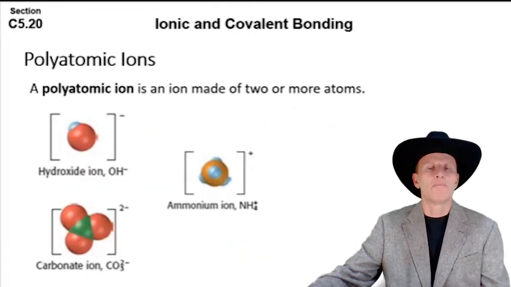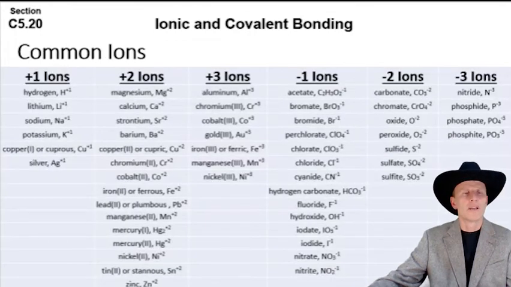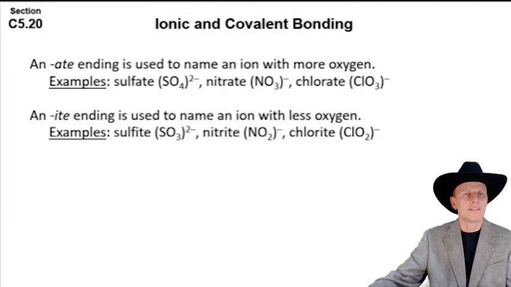There are many common polyatomic ions. A polyatomic ion is an ion made of two or more atoms. Parentheses group the atoms of polyatomic ions. These are some that you should become familiar with. An -ate ending is used to name an ion with more oxygen.